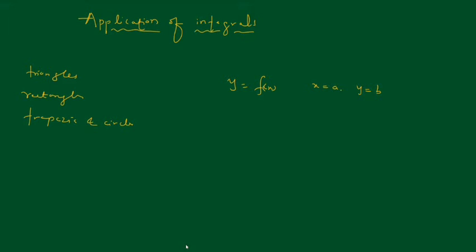So now we shall study the specific application of integrals in order to calculate the area under the curve, or the area between the line and arc of a circle.